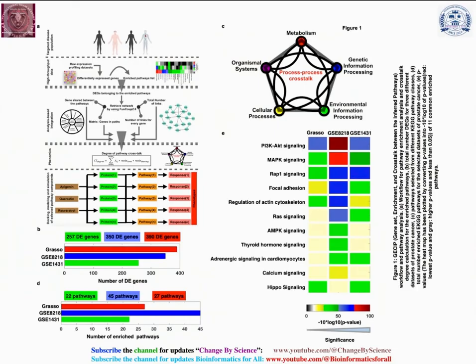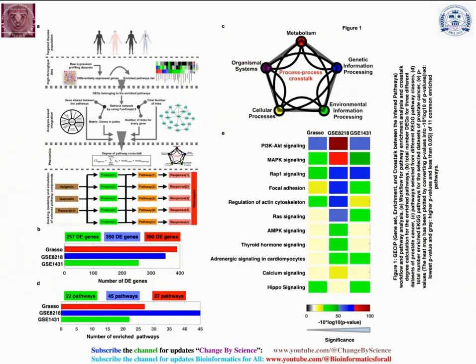For example, here we are showing the PI3K AKT signaling. In the first data set, that is the Grasso data set, it is showing some different color for the minus log 10 of p values, and then it is a much higher color, like the deep red color, in GSE 8218 data set, but the cancer is prostate cancer.